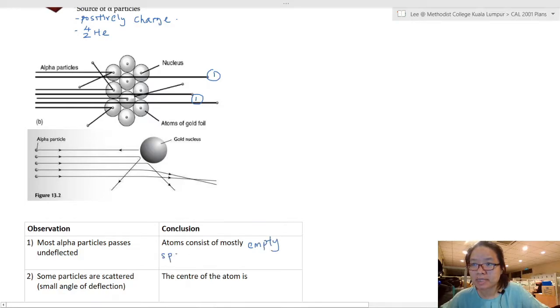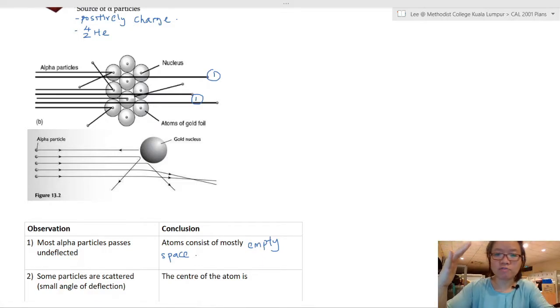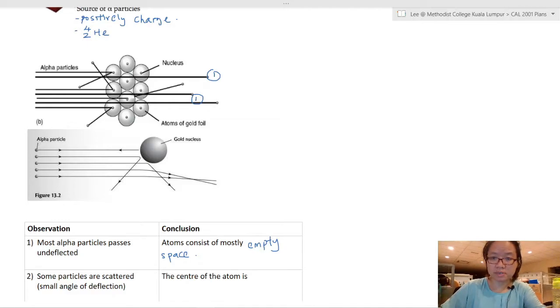Much empty. In fact, just to give you a rough estimation, if I were to blow up the model of a nucleus such that the nucleus is 1 meter, do you know where the first electron is? It's 10 km away. That is how much free space you have.